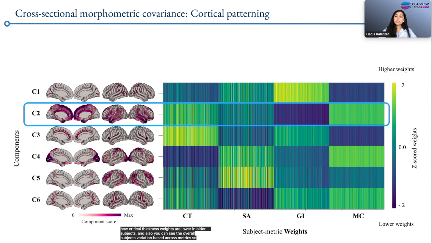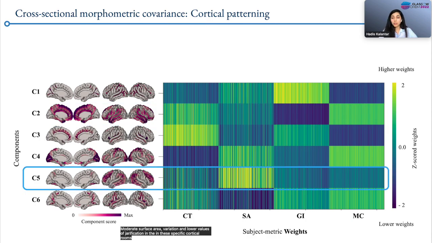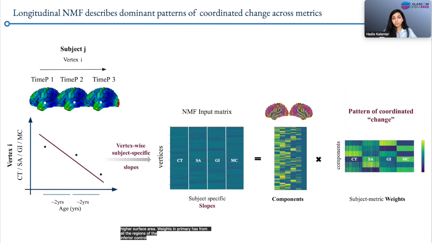Some inference that we can make here is that, for example, component 2 is characterized by higher values of cortical thickness and mean curvature, moderate surface area variation, and lower values of gyrification index in these specific cortical regions. Whereas component 5 is more about higher surface area weights in primary heteromodal regions of the inferior temporal and parietal cortices.